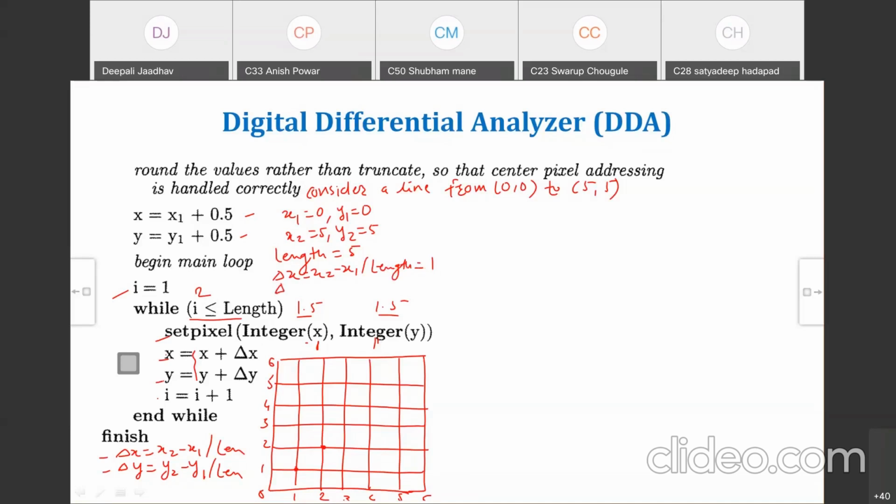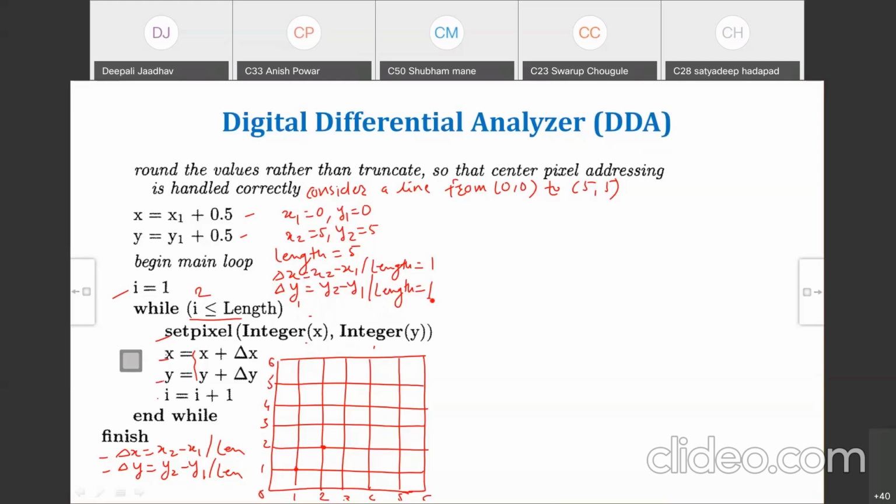And delta y is equal to y2 minus y1 divided by length, which is again 1. Correct? So these values we require during the calculation.